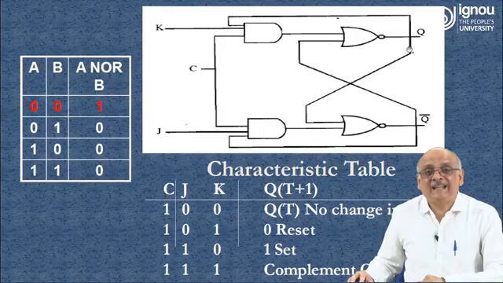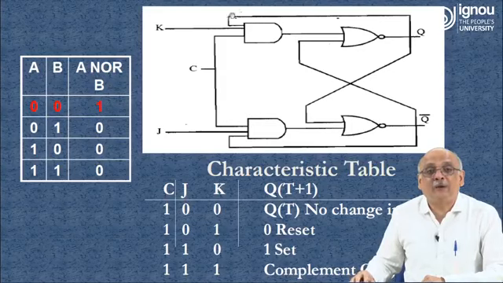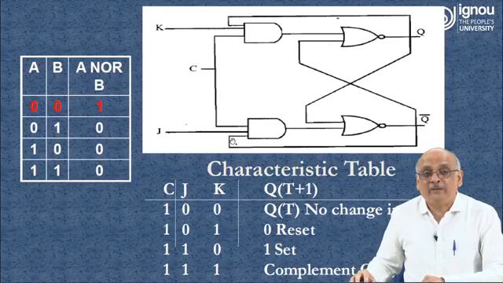Now what you can see in this particular flip-flop is that additional linkages are required, right? Whenever you do some modification, some definite linkages are required, and in this particular case the linkage is in the form of input. So let's see when J and K both are 1, and the clock pulse is 1. So two inputs of the AND gate are 1, and we expect the third input to be 1 in that particular case.